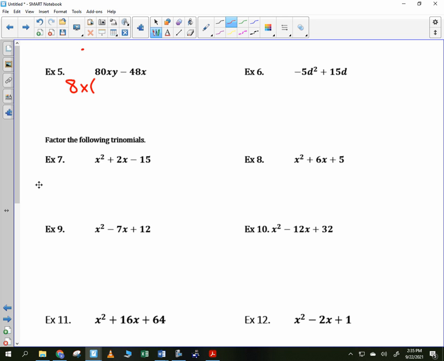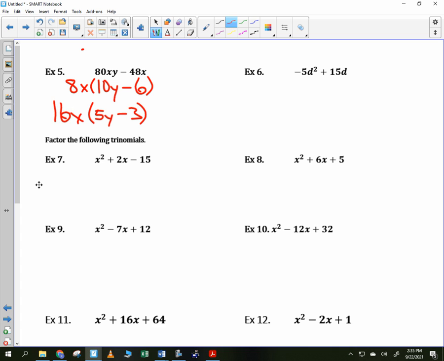If I factor out the 8x, what remains? 10y minus 6x, or just 6. So now as you look at it, is there a common factor among 10 and 6? 2. So we factor a 2 out, that 8 would turn to 16. We factor that 2, it would be 5y minus 3. So if you don't catch a 16 right away, you can factor multiple times and see what you get.